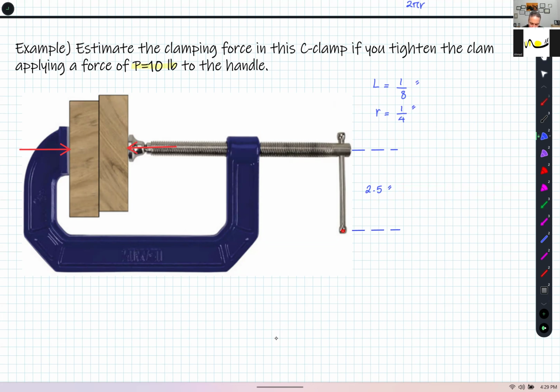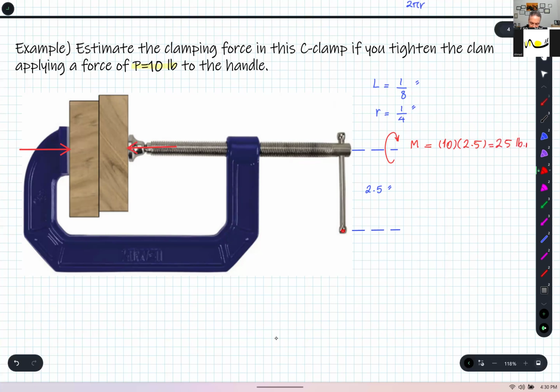So we apply the load, and I will produce an M, which is equal to 10 pounds multiplied by 2.5, which is 25 pound-inch.